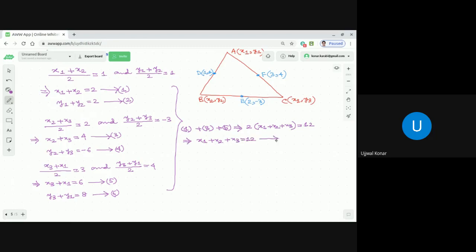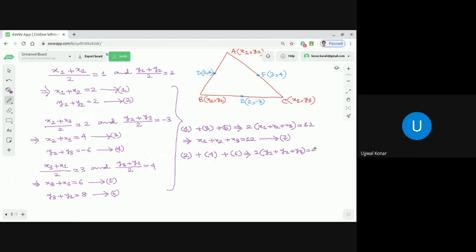We give this as equation number 7. In the similar manner, dear students, if we add both sides of equation number 2 plus 4 plus 6, what are we going to get? 2 times y1 plus y2 plus y3 is equal to the right side of equations 2, 4 and 6, that is 2 minus 6 plus 8, that is nothing but 4.